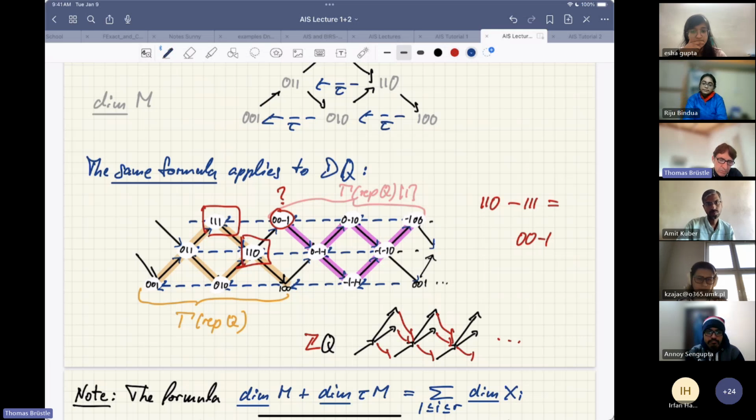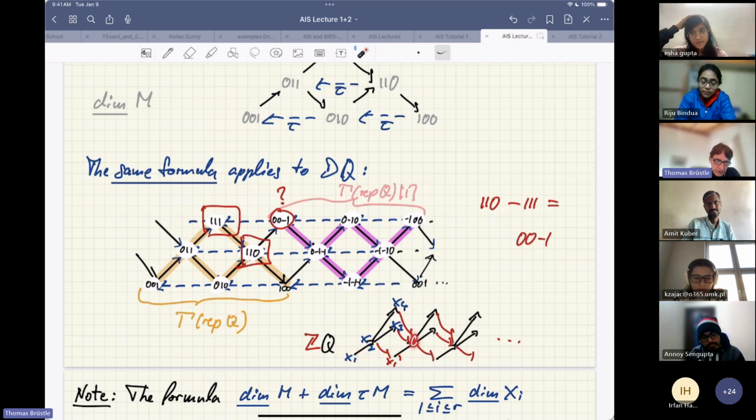Suppose I put my cluster variables x1, x2, x3, x4 here. These are the initial variables. And then I would compute the cluster variable x1 prime by exactly the same formula: x1 prime is 1 plus x2 divided by x1. So this is how I compute x1 prime.